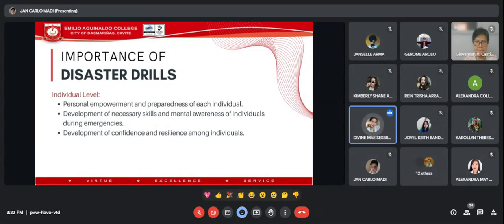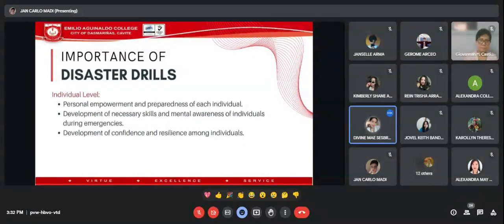So this includes yung personal empowerment and preparedness of each individual, meaning sa disaster drills, nai-empower nito yung bawat individual by providing them with the knowledge and skills na kailangan nila para makapag-respond effectively during emergency situations.